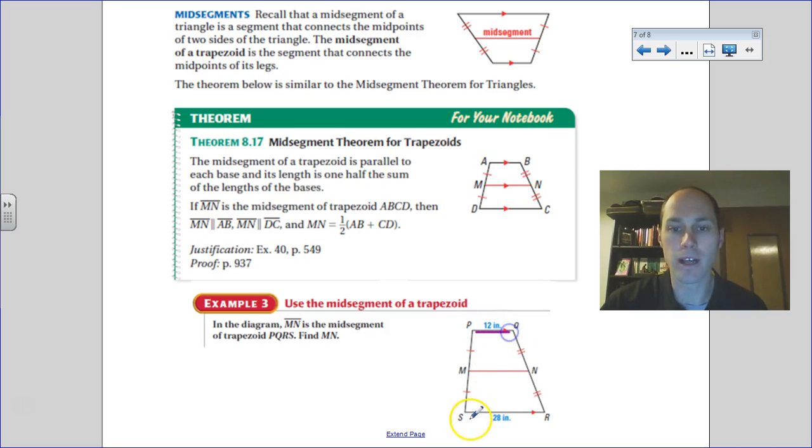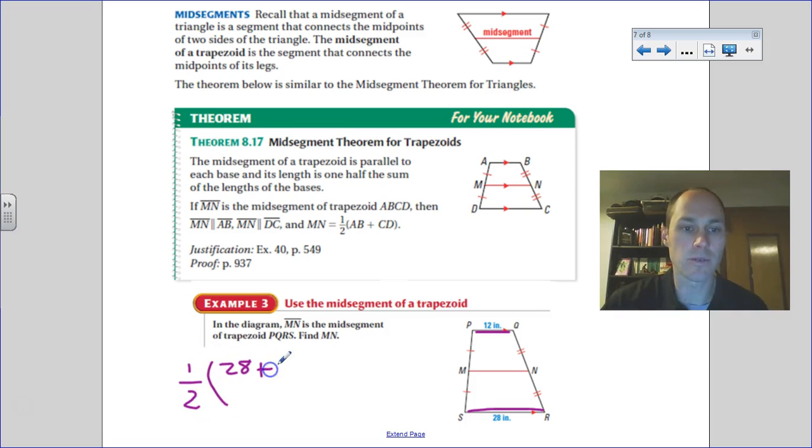Well, PQ is 12, SR is 28, so it's going to be half of 28 plus 12, the average of that. So 28 plus 12 is 40, half of that is 20. So this will be 20 inches. Let's see, add 8, add 8. So it's halfway in between there, so it'll be half the length.